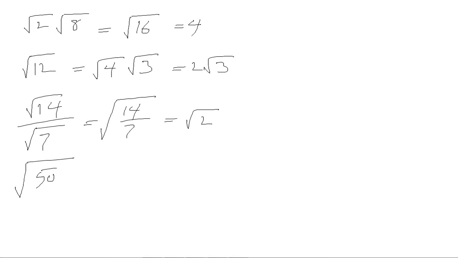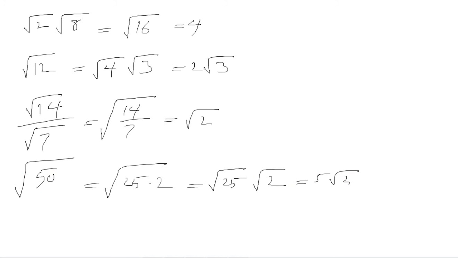Okay, again, I ask myself, how can I write 50 as the product of a perfect square and another number? Why perfect square? Because I have an index of 2. And the answer is 25 times 2. So this is radical 25 times radical 2, which is 5 radical 2.